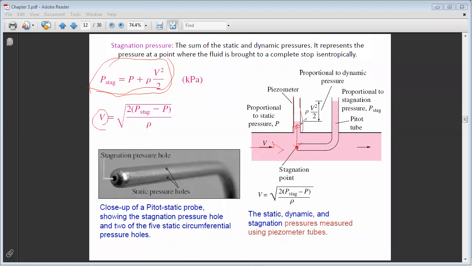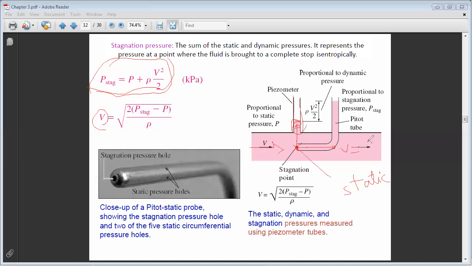So this device, when I read this height, will allow me to measure what is called the static pressure at this point. Now, I will force my fluid to stop isentropically through another tube. So I will force the velocity at this point to be 0.